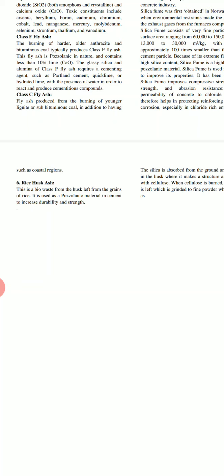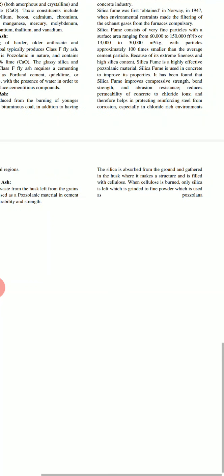Since it is a waste obtained from the grains of rice, it is also called a bio waste. It is used as a pozzolanic material in cement to increase durability and strength. The silica is absorbed from the ground and gathered in the husk, where it makes up the structure, and it is filled with cellulose.